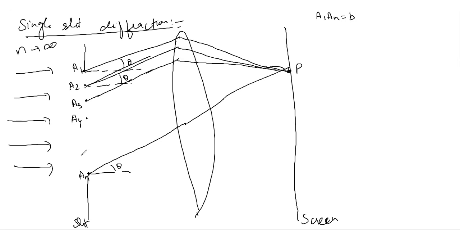Basically, on the screen at point P, whatever amplitudes, whatever displacements you will be seeing at point P, that would be basically a superposition of wavelets which are starting from A1, A2, A3, A4 up to AN. वो सारे के सारे आपको superpose करके कुछ resultant आपको amplitude या displacement दे देंगे, and आपका जो intensity है that is directly proportional to amplitude square, and you actually do not see amplitude or displacement on P, you see the intensity, and intensity is directly proportional to amplitude square.